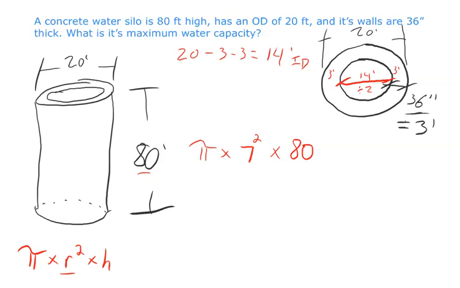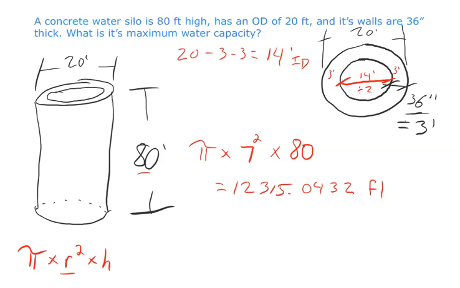Plug that into the calculator. So pi times 7 squared times 80 equals 12315.0432. Now this number looks a lot bigger. However, remember this is an 80-foot tall tank, so it should be considerably larger.